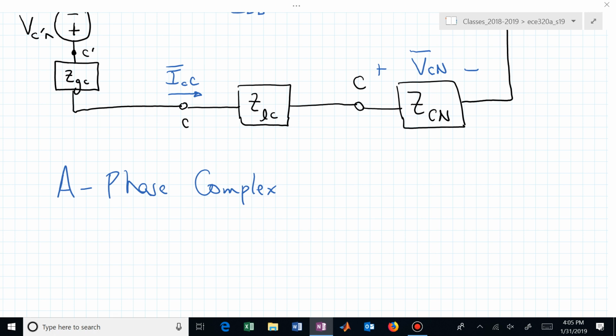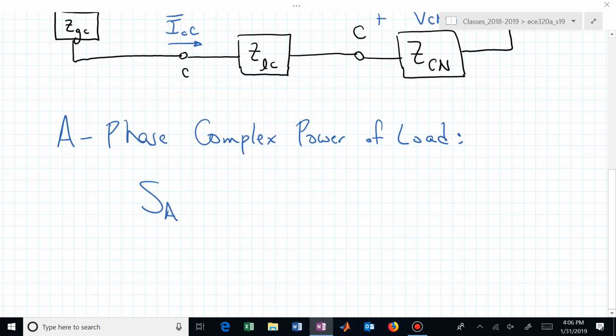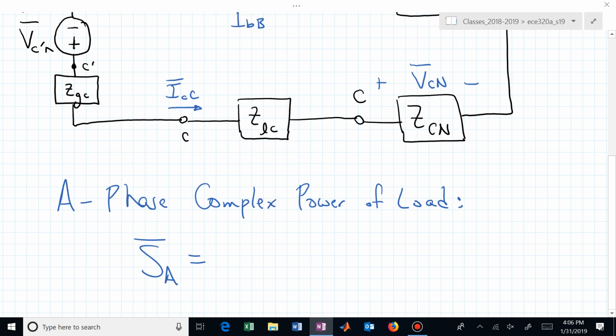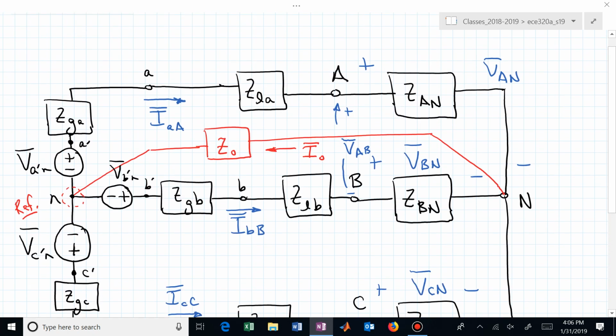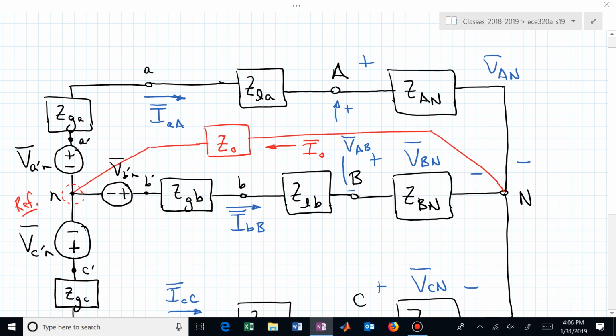Here, let's make it of the load. So now I'm going to label that S sub A. In terms of what I have on this diagram, how would I compute the complex power of the A phase at the load?